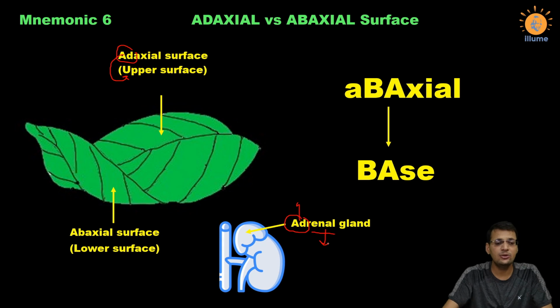So renal is kidney. So adrenal means above the kidney, the upper surface of the kidney. That's why this gland is called the adrenal gland. So just by remembering the adrenal gland location, you can alleviate your confusion between ADAXIAL and ABAXIAL surface. Or even if that doesn't help, just remember ABAXIAL has got BA, that means base.